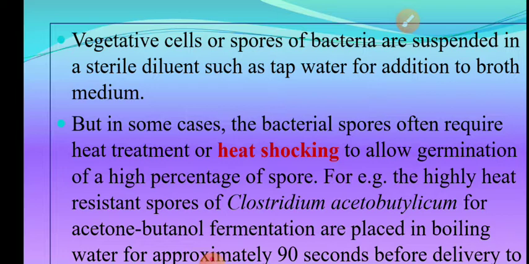But there are certain spores which require heat shock treatment to allow germination of a high percentage of spores. The best example is the highly heat resistant spores of Clostridium acetobutylicum, which is used for acetone butanol fermentation. These spores do not germinate readily. They need to be given heat shock treatment.